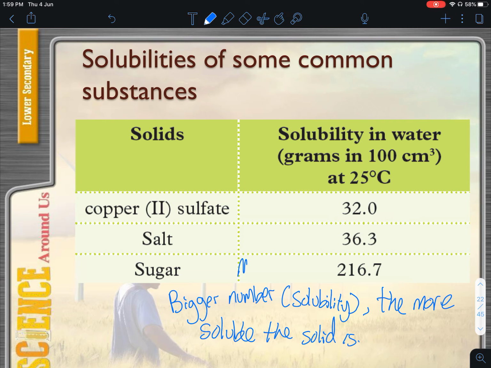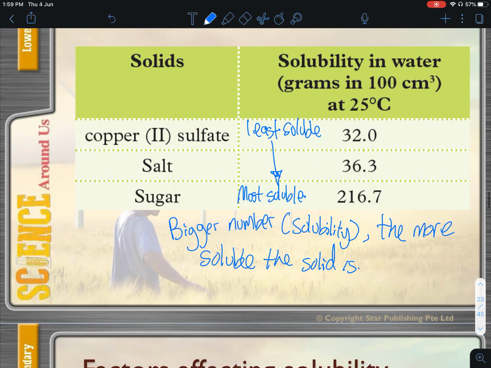So this is most soluble, and this is least soluble based on the number given. In the exam, even though they don't give you the name of the solid, but they give you the number of the solubility, you are required to know how to tell whether it is soluble or not soluble and rearrange the order.